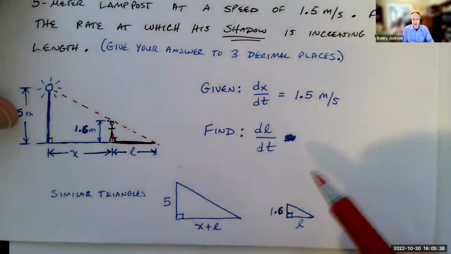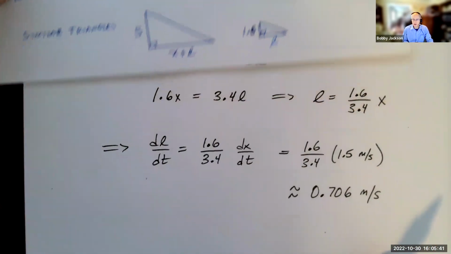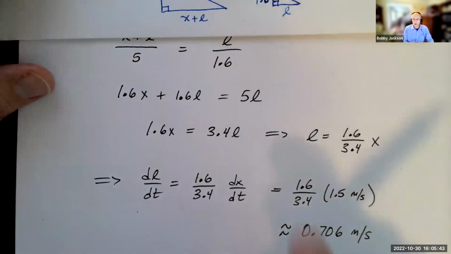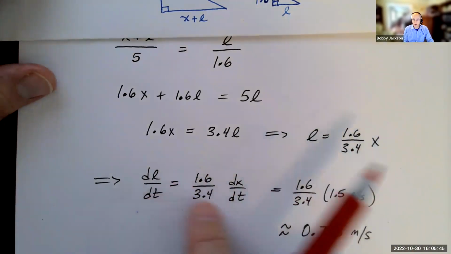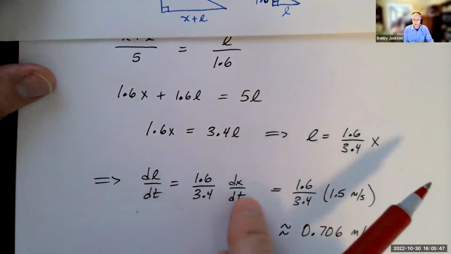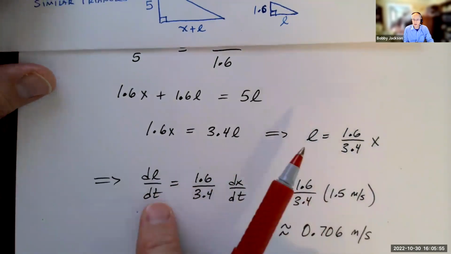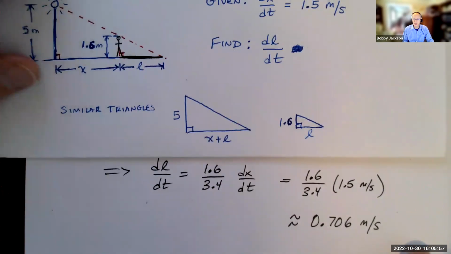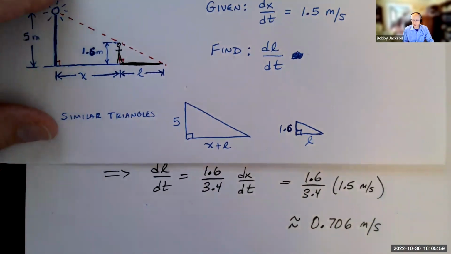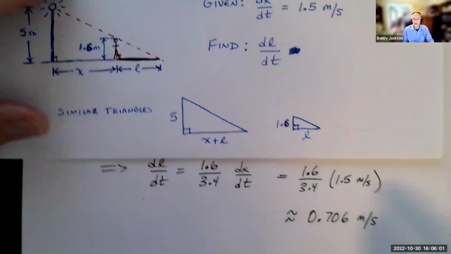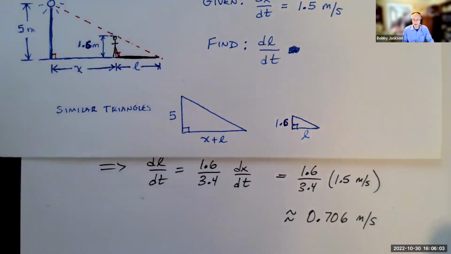In fact, we don't need that information because notice in this relationship, the rates of change aren't dependent upon anything other than the rates of change. There's no other variable in here. There's no X or L anywhere in here. In fact, it's a constant rate. dL dt is actually constant. The shadow is lengthening at this constant rate as long as the man is moving at that constant rate of 1.5 meters per second.